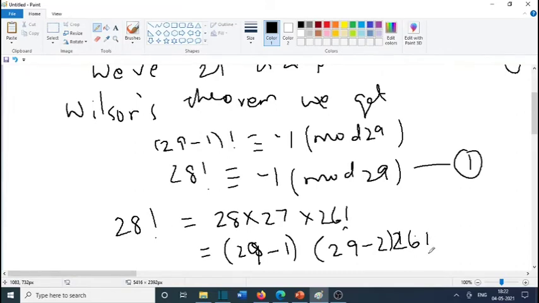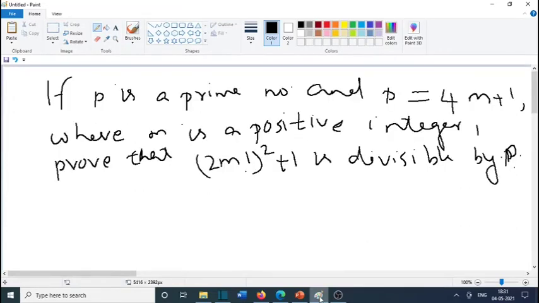Next problem is if p is a prime number and p is equal to 4m plus 1, where m is a positive integer, prove that 2m factorial plus 1 is divisible by p.